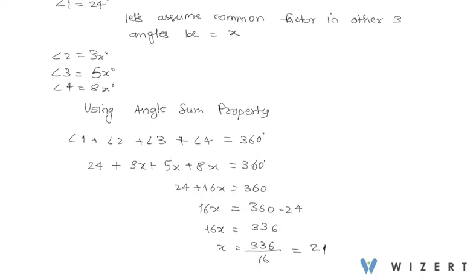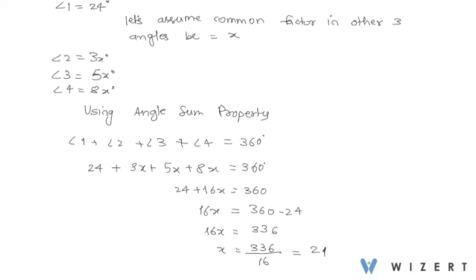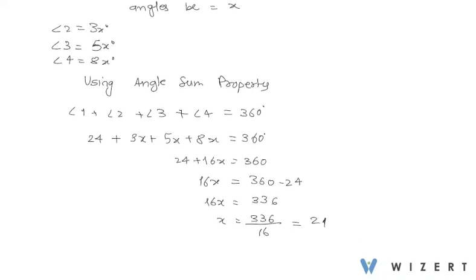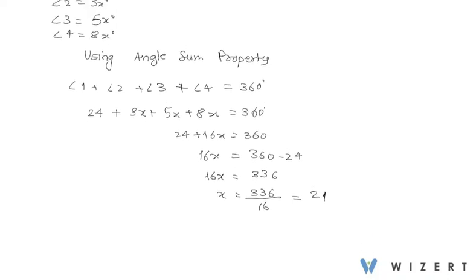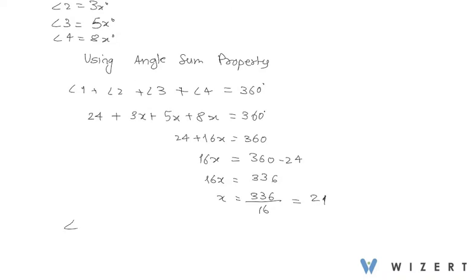Now using this value of x, we can simply find out the measures of angles 2, 3 and 4. So angle 2 is 3x, which is equal to 3 into 21, which is equal to 63 degrees. Angle 3 is 5x, which is equal to 5 into 21, which is equal to 105 degrees.